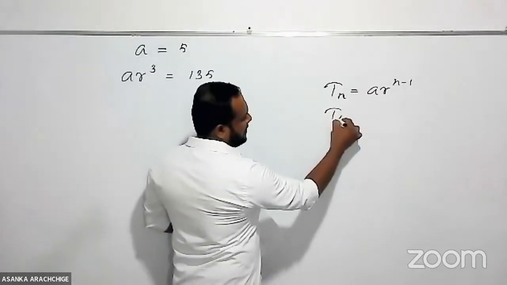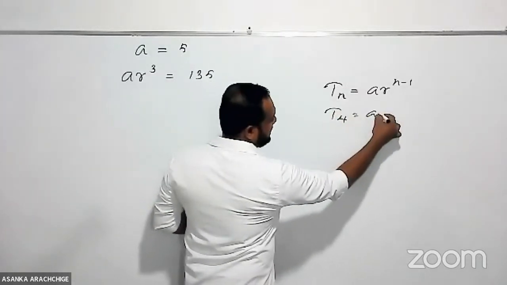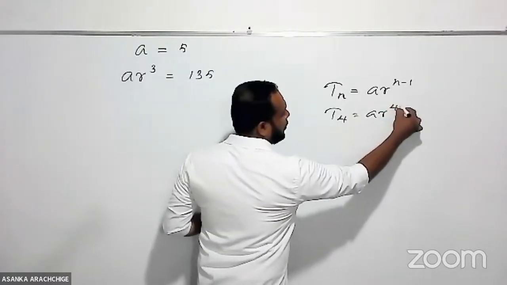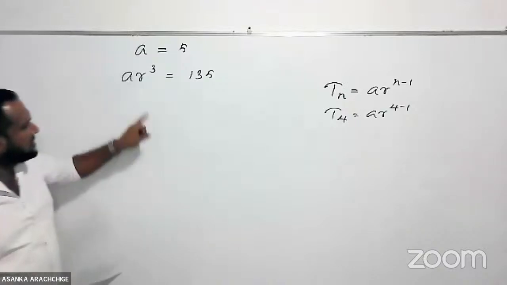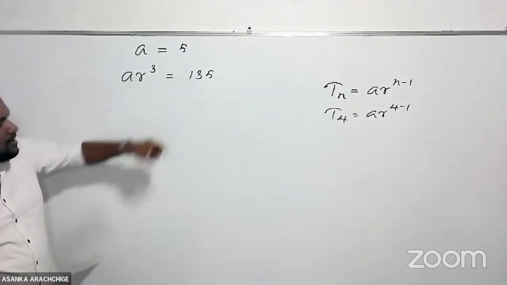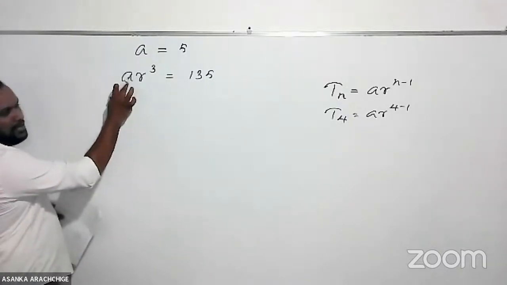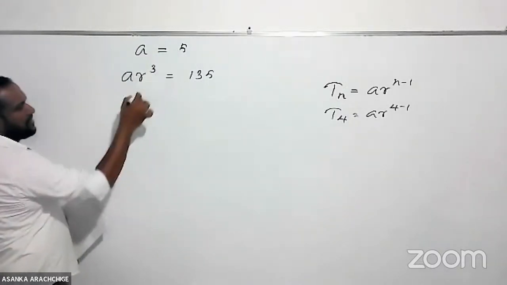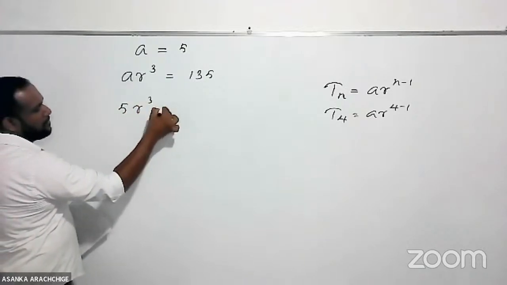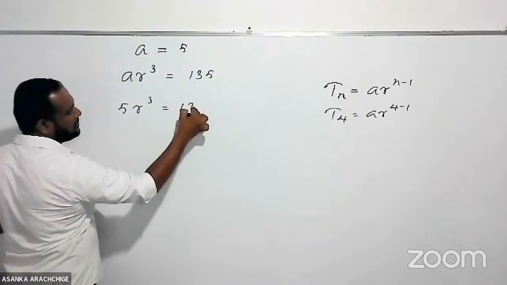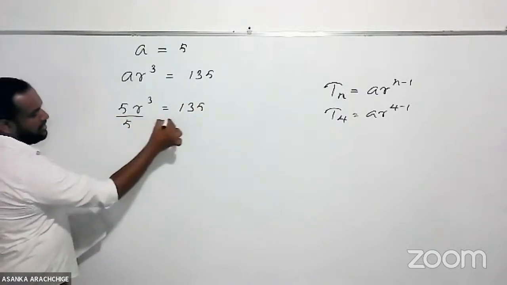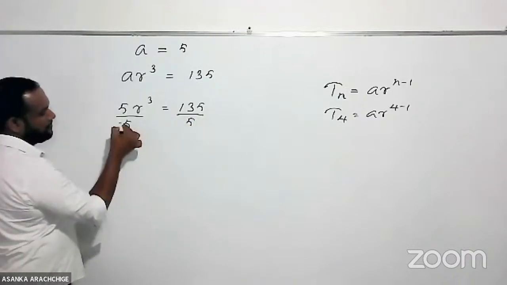When Tn becomes T4, that means A times R to the power 4 minus 1. 4 minus 1 is 3. That is 135. Now, you know A is 5. Therefore, 5 times R cubed must be 135. Divide the equation by 5.